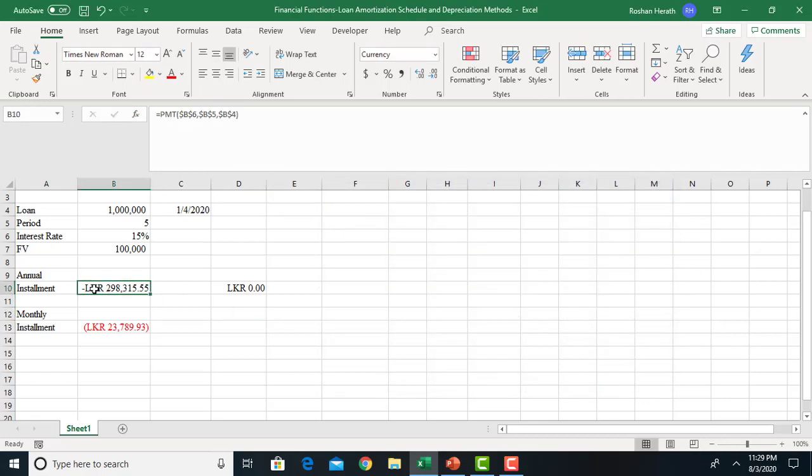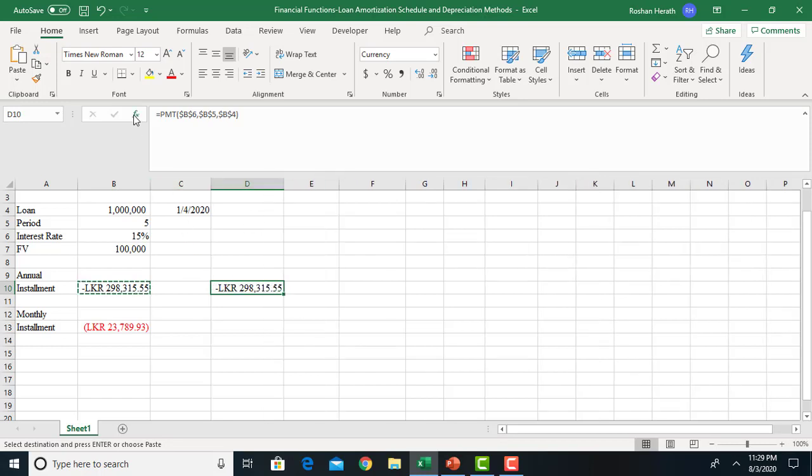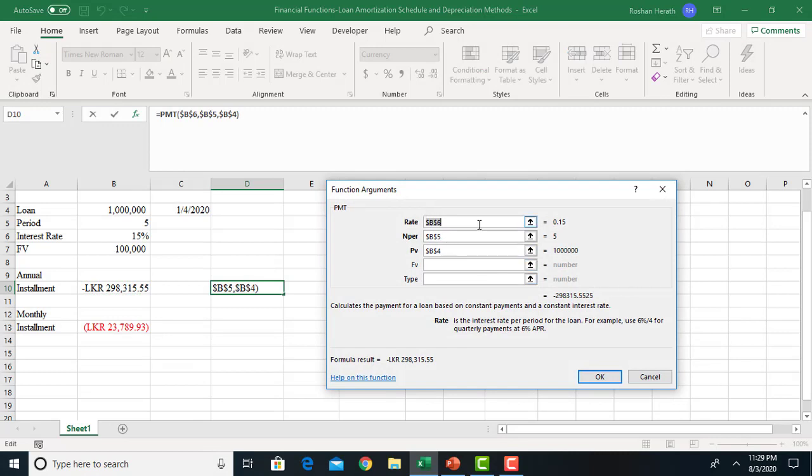So you can simply copy the same information and paste it, and thereafter we can do the modification. Here the rate is the same, the number is the same, the present value, everything is exactly the same. But the only new thing is that the future value comes in.